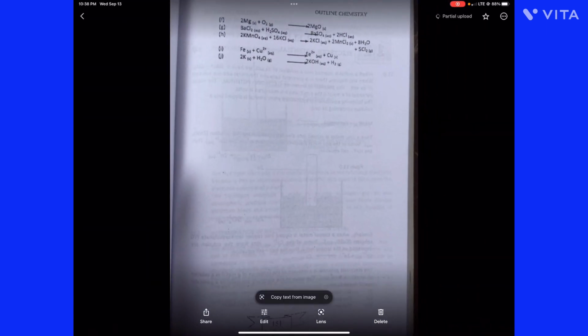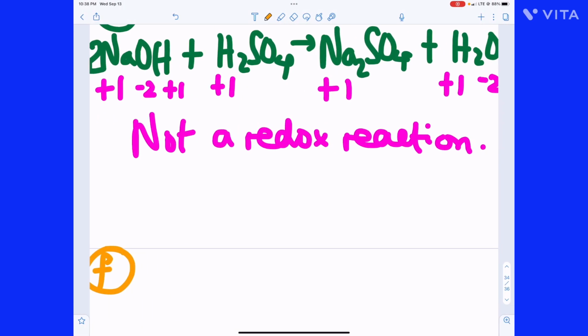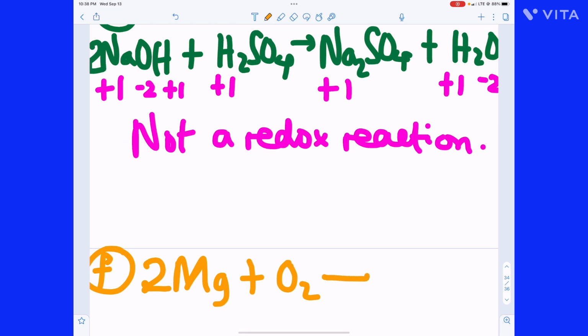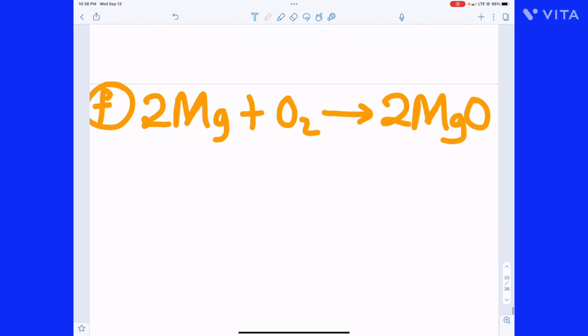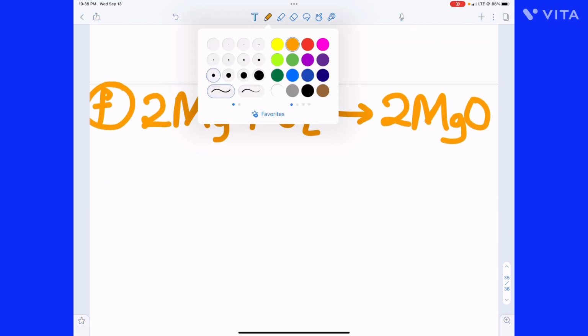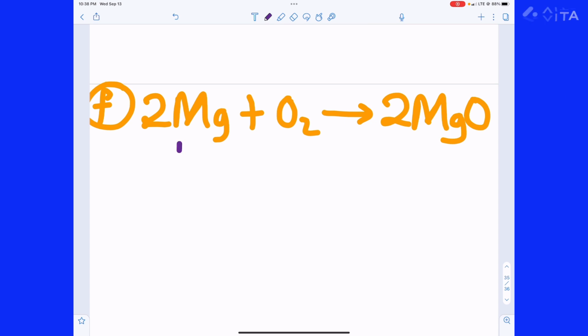2Mg plus O2 to give 2MgO. Okay. Definitely, this is a redox reaction because it involves addition of oxygen. The oxidation number of magnesium here, as it is standing alone, is 0. That of oxygen is 0.